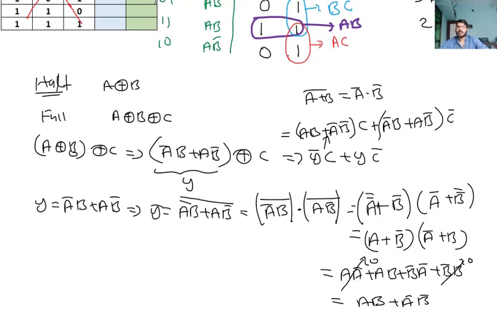Now let us simplify these terms, or let us take the product of these terms. So let us proceed further. So that will be equal to ABC plus A complement B complement C plus A complement B C complement plus ABC complement.